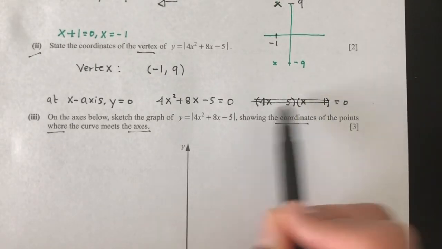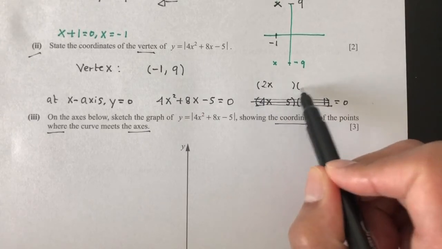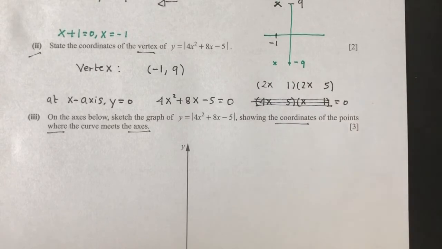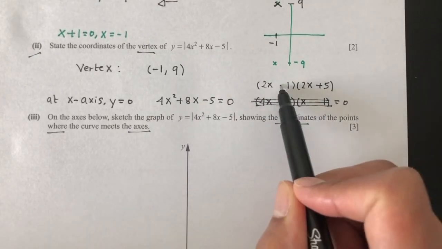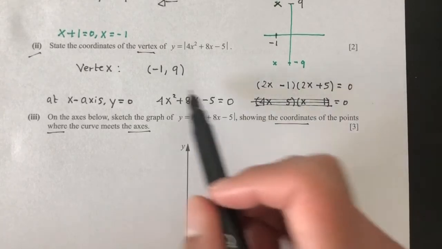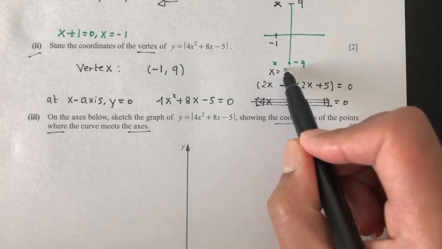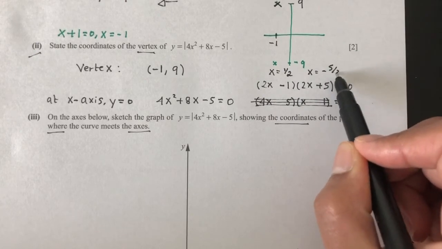Let me use a different one then. So you have 2x, and 5 is 5 times 1. Now for it to be plus 8, it has to be plus 10 minus 2. Okay, so your value of x could be, let me write this down here, x can be a half, x can be minus 5 over 2.